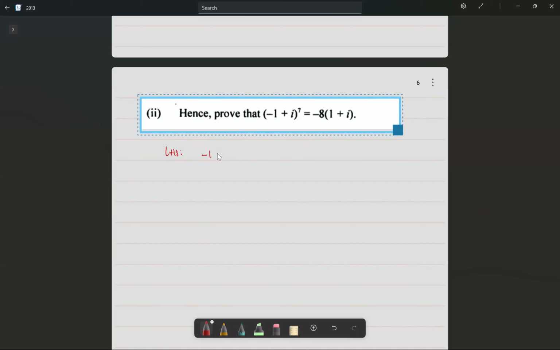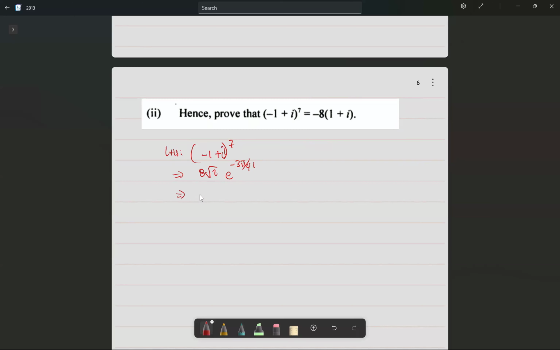I'm going to have negative 1 plus i to the power of 7, which we already found to be 8 square root 2 e to the power of negative 3 pi over 4i. And now we need to change this from the polar form to cosine and sine.